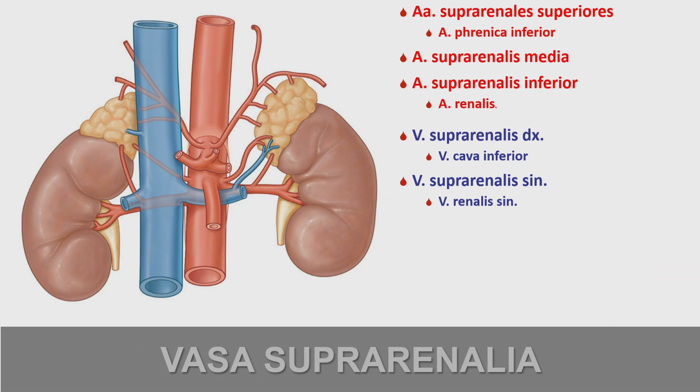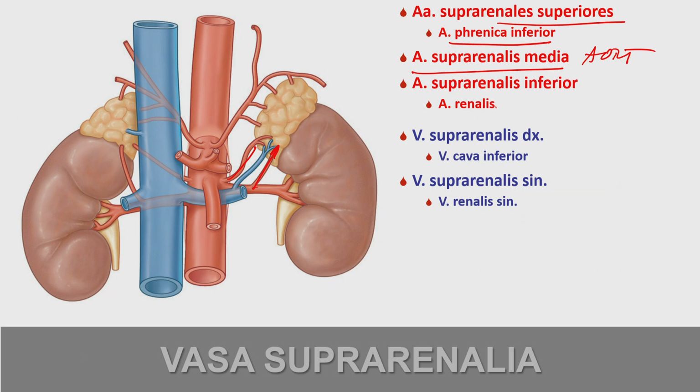Suprarenal vascular supply. Adrenal glands have three sources of arteries. One is suprarenal superior from the inferior phrenic artery. The second is originating directly from the aorta. It's the medial. And then we have inferior, which is lower, and it's arising typically from the renal artery.